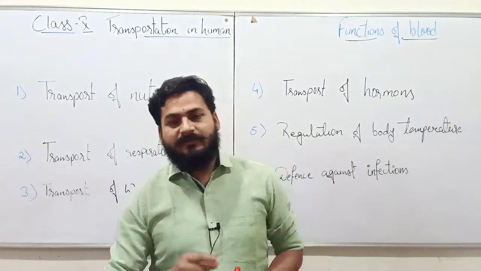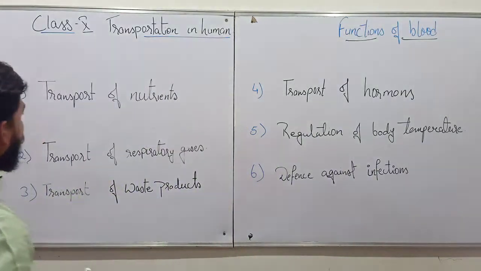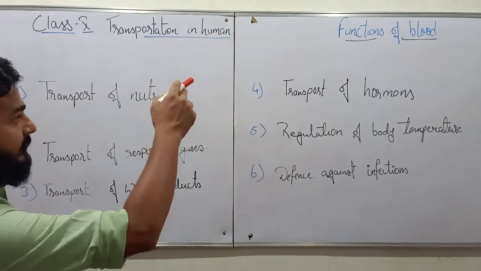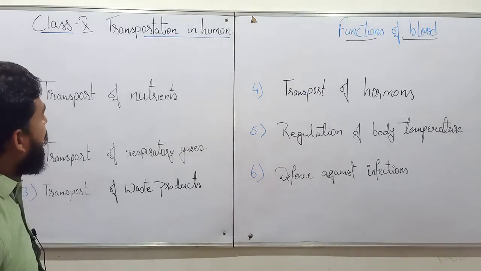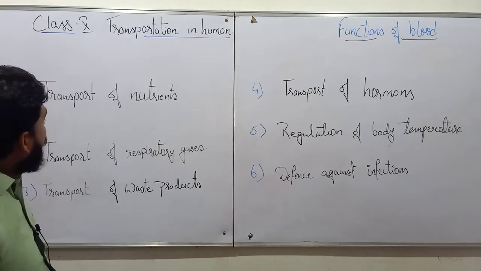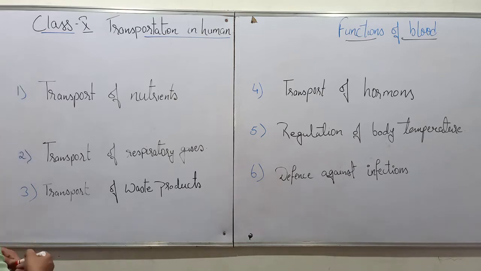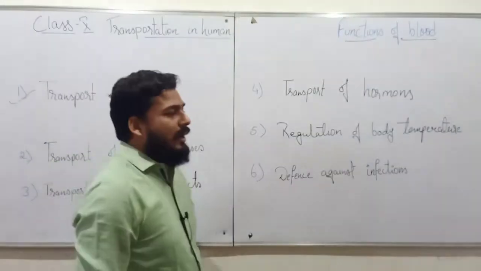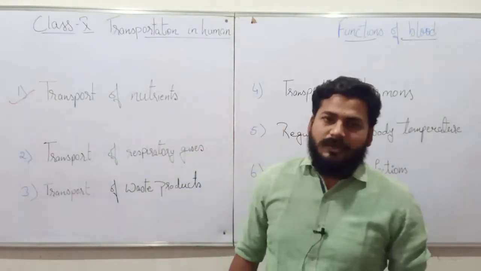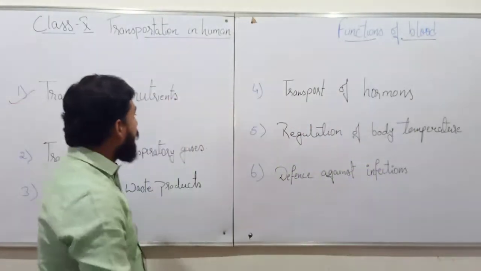So let us start with the first topic, that is functions of blood, and we are going to talk about the first function of the blood today, and that function is transport of nutrients. So I already talked to you about what are nutrients.